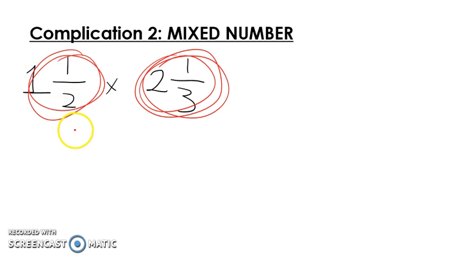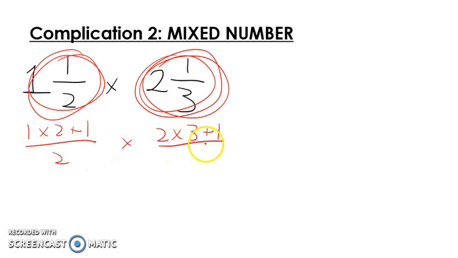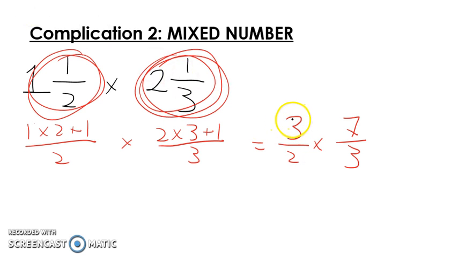We change them into improper fraction. 1 1/2 equal to 1 times by 2 plus 1 over 2, times by 2 times by 3 plus 1 over 3, which give us 3 over 2 times by 7 over 3. Now, before we do anything else, remember, always simplify when we can.